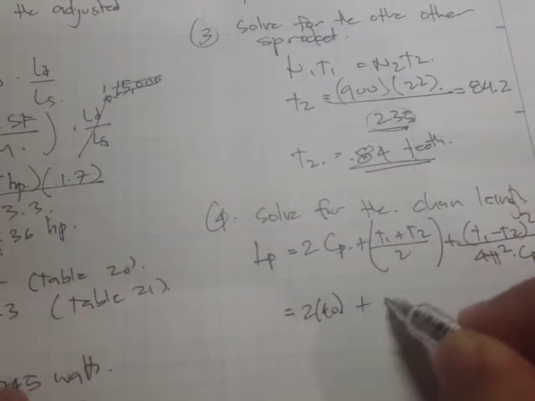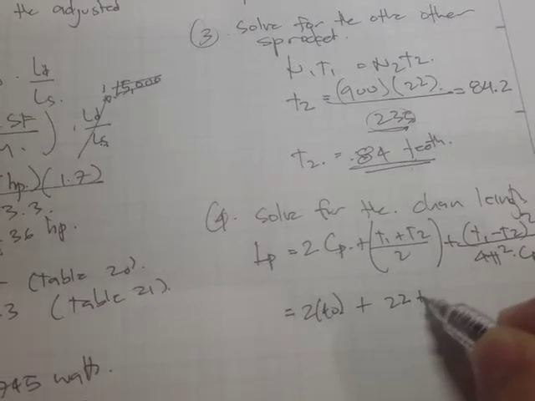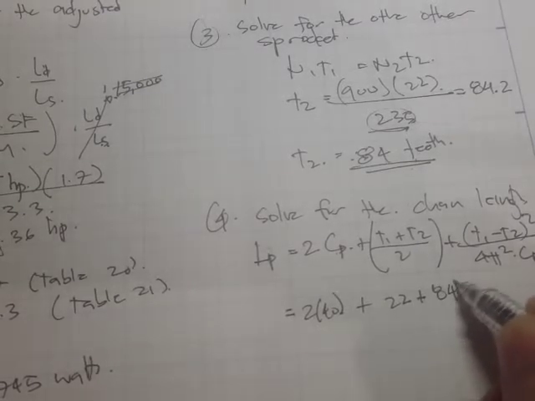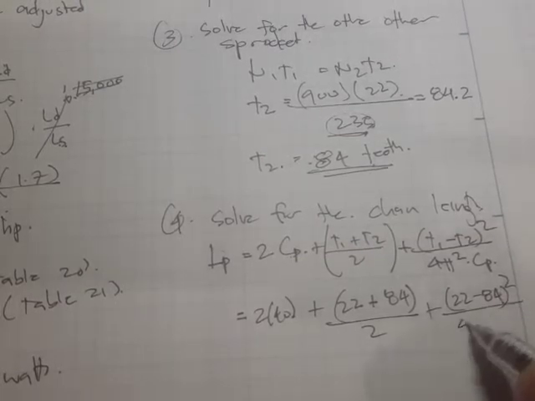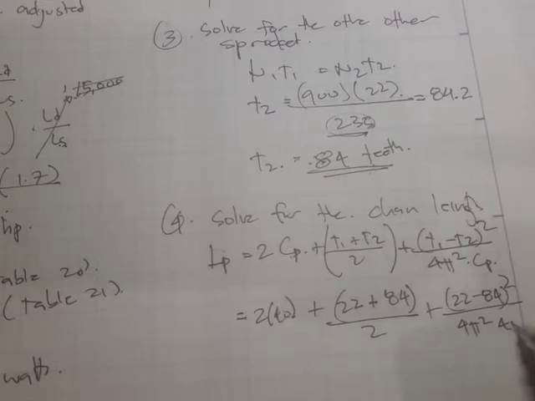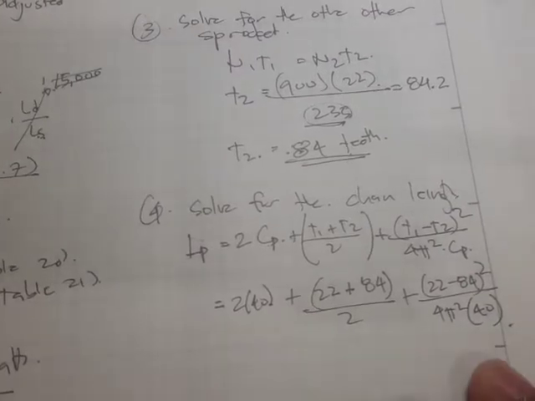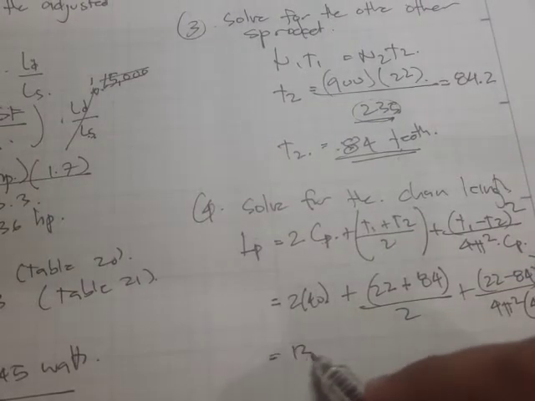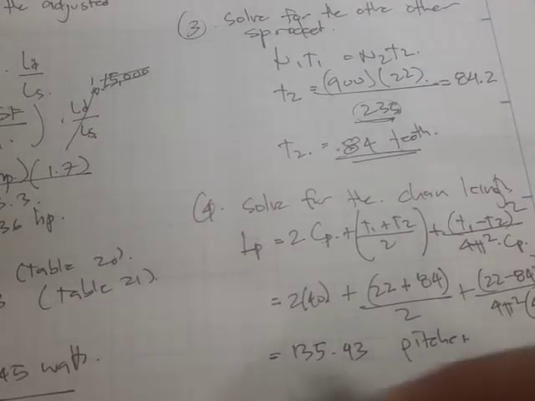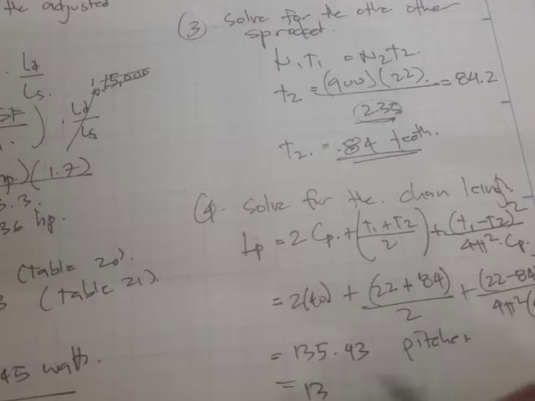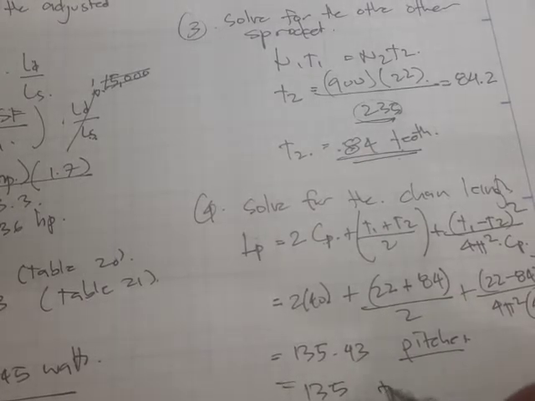What we get is 2 times 40 plus (22 plus 84) divided by 2 plus (22 minus 84) squared divided by (4 pi squared times 40). And what we get here is 135.43 pitches, and again we need a whole number for the number of pitches, so we use 135 pitches.